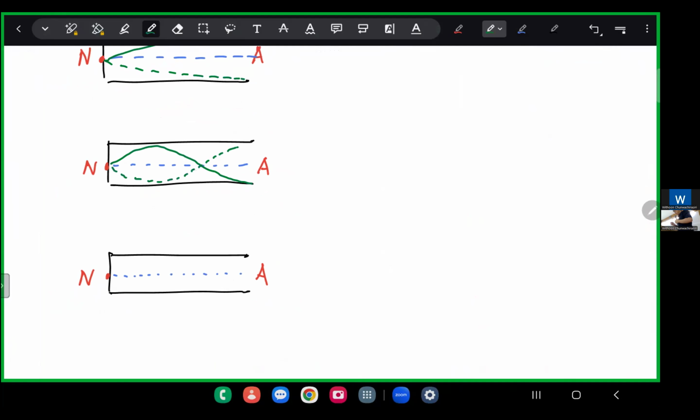That's another possibility. Or I can just twist one more. There you go. Nice. And you just keep going, and going. So you have more twists, and then you're going to have shortened wavelength, higher frequency, fit into this tube.